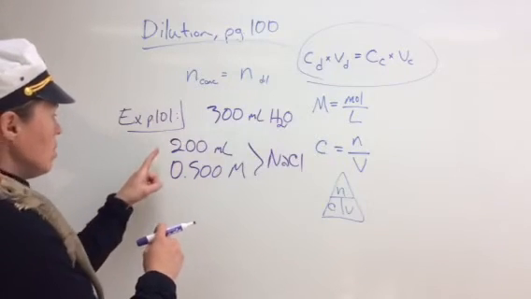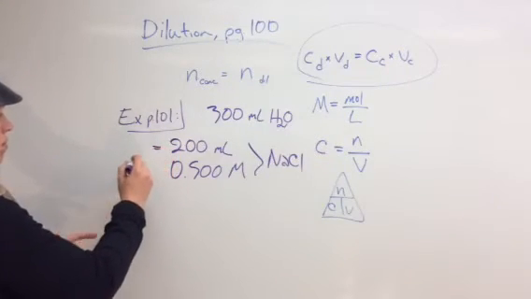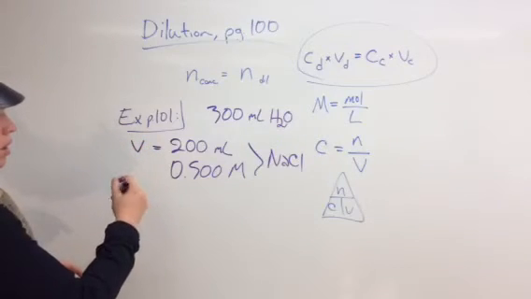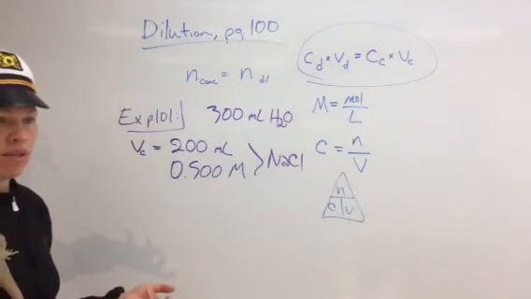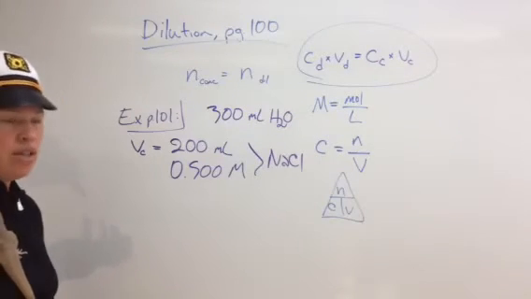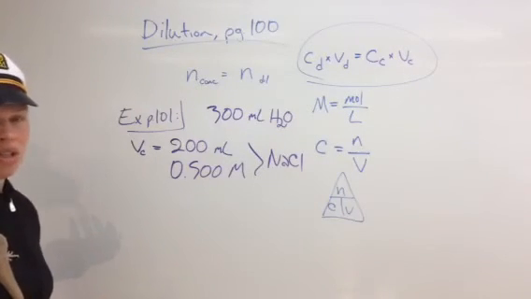So they gave us the volume of the concentrated one, because the concentrated one's the before diluted one, right? You could call it the initial one and the final one, I don't care.